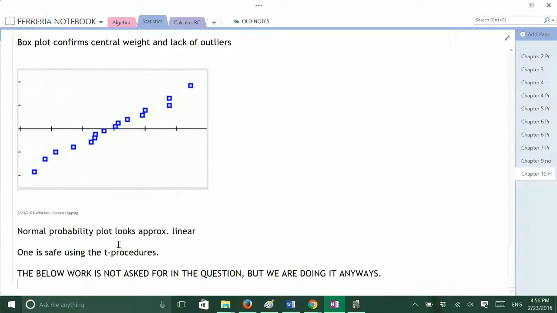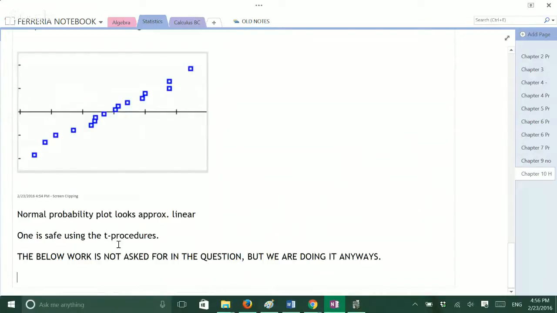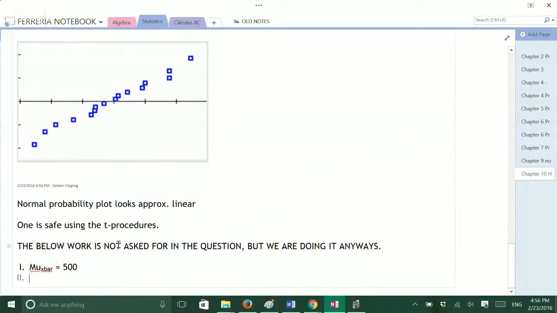Okay, so we have our null hypothesis, we have our alternative hypothesis. We're ready to go with number one, which is the center, mu of x bar, and that's equal to 500. Number two, sigma of x bar. That's going to be equal to the sample standard deviation over square root of n.